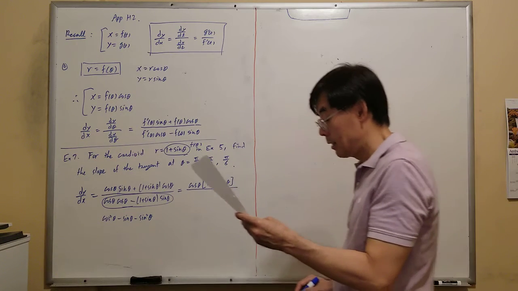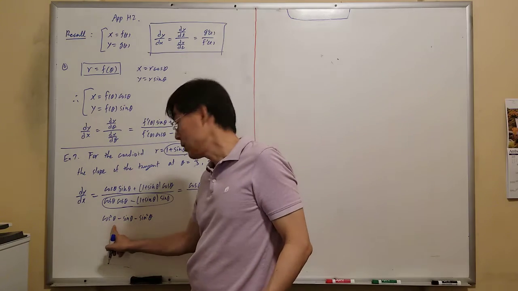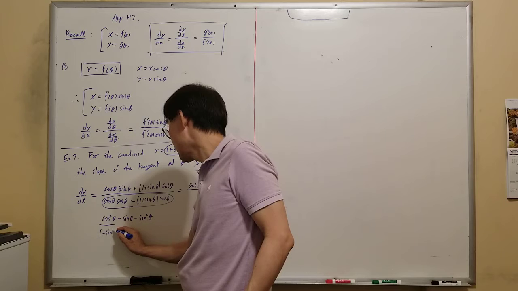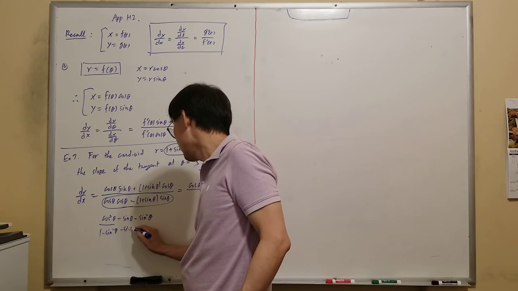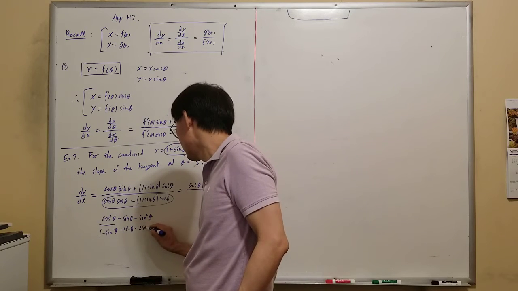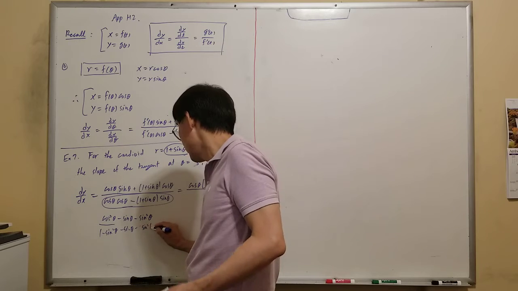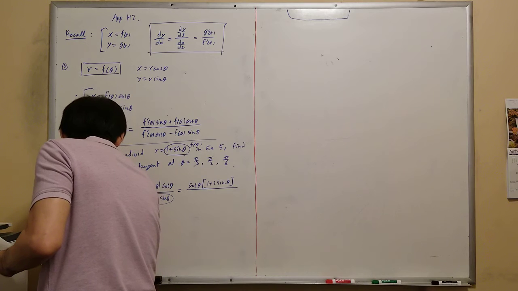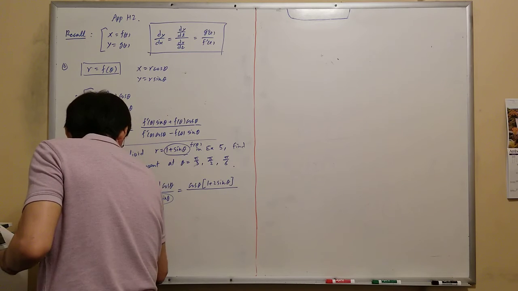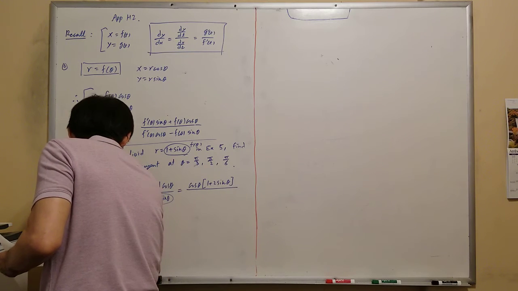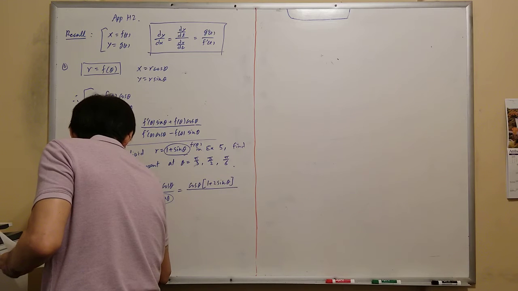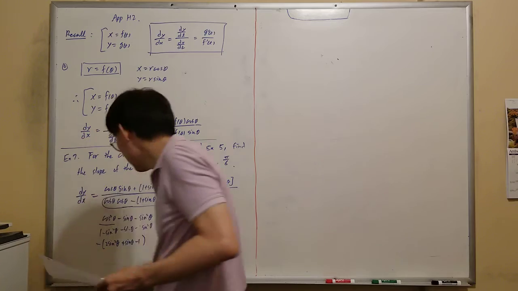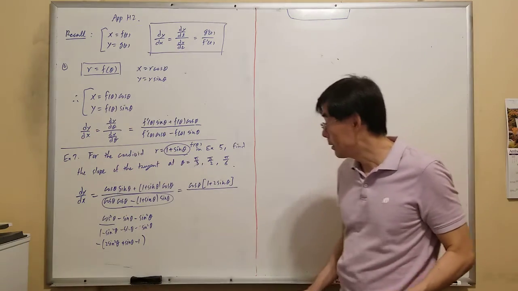Alright, this one, your denominator is cosine squared theta minus sine theta minus sine squared theta. Okay? Now, cosine squared theta is 1 minus sine squared theta. So 1 minus sine squared theta minus sine theta minus sine squared theta. So this is minus 2 sine squared theta minus sine theta plus 1. I just take a minus sign.